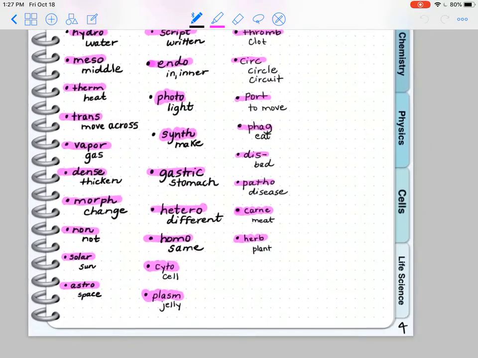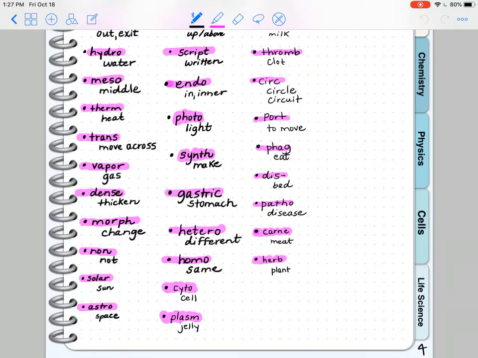Even if we have it twice, that's better than not having it at all. So bio is life, and eco is environment or earth. Sometimes environment. So 2 more morphemes for your morphemes list.